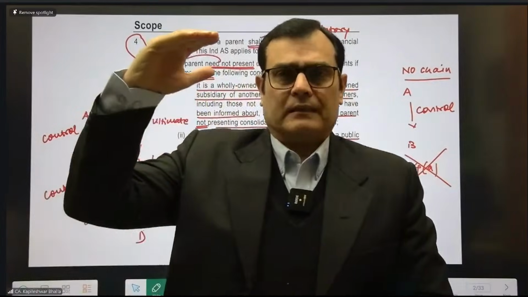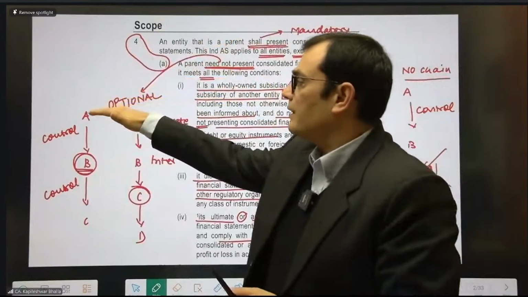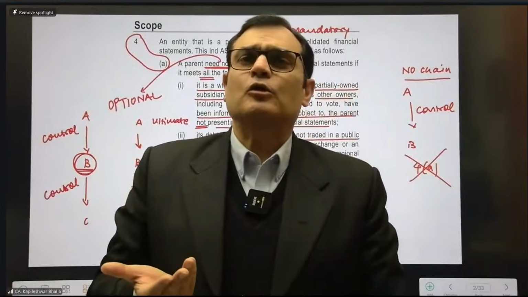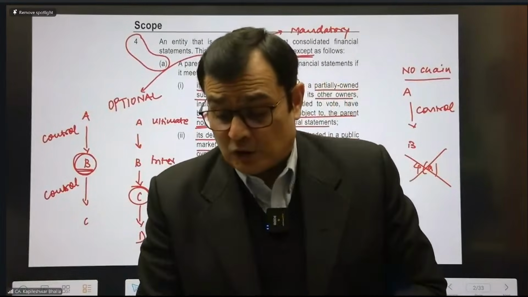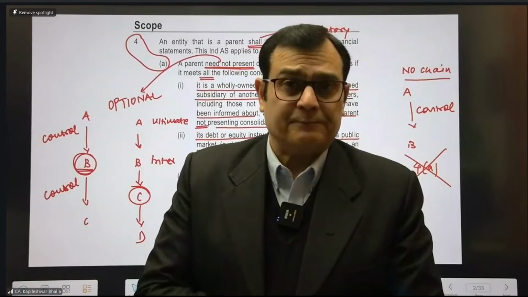Because if any of my parents, intermediate or ultimate, is presenting consolidated financial statements, then I can tell B that let's not duplicate the efforts. So you can see the essence in all these four conditions is pretty simple and straight.